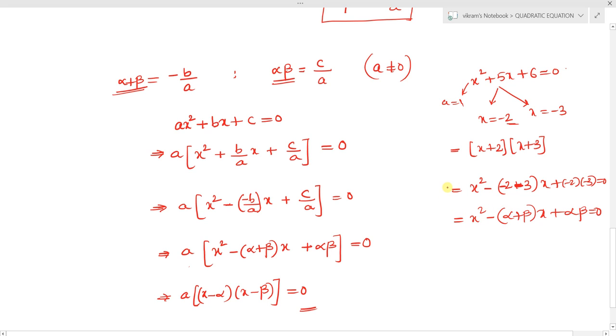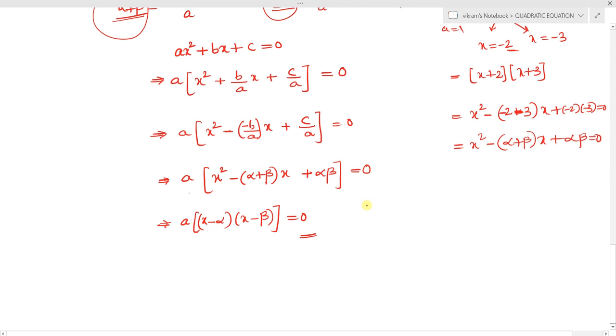And again we get the result x square plus 5x plus 6 equals 0. So for the quadratic equation ax square plus bx plus c, the sum of the roots is minus b by a, and the product of the roots is plus c by a.